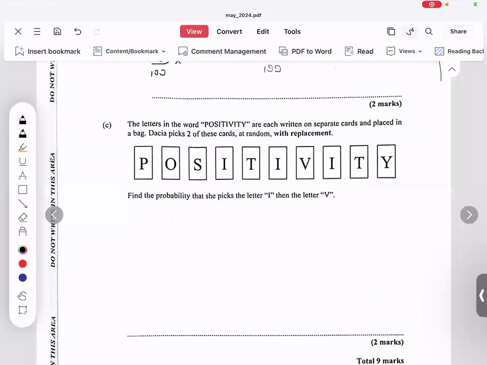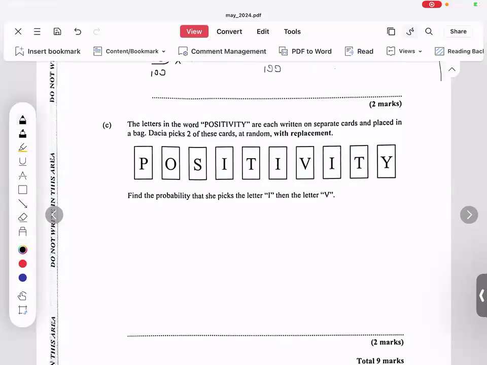All right, part C, no questions. Not hearing any questions or any do-overs. The letters in the word positivity are written on separate cards and is placed in a bag. Dacia picked 2 of these cards at random, but with replacement.